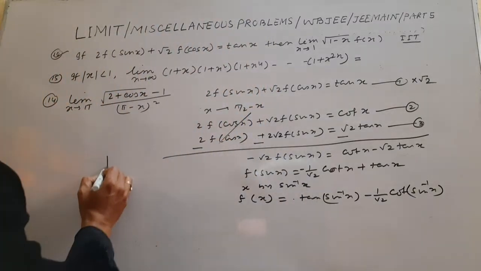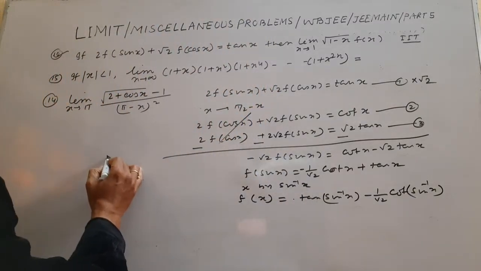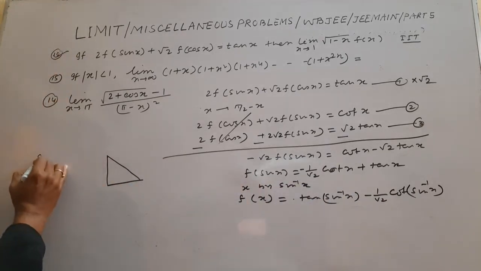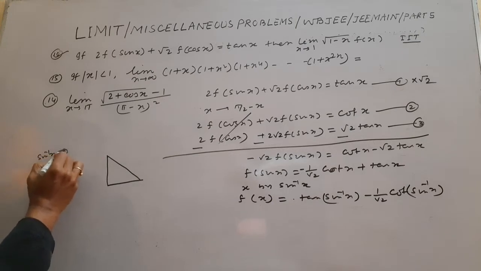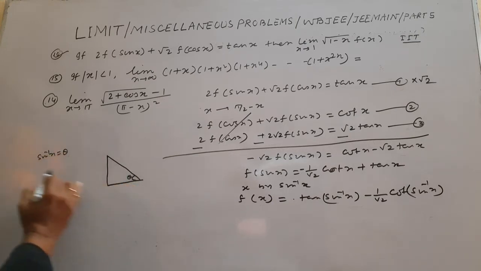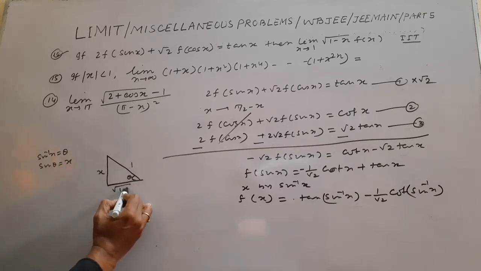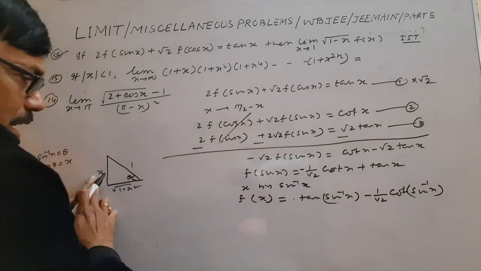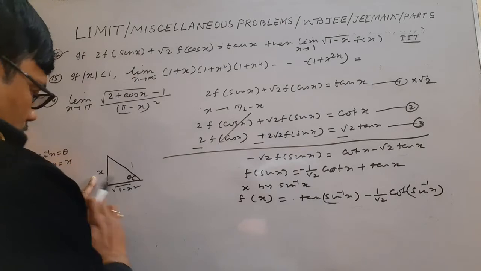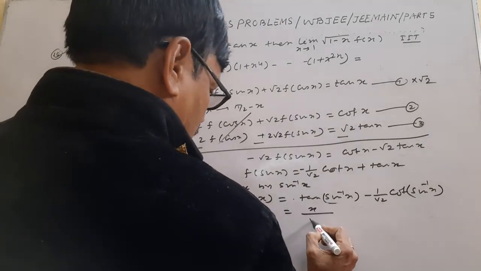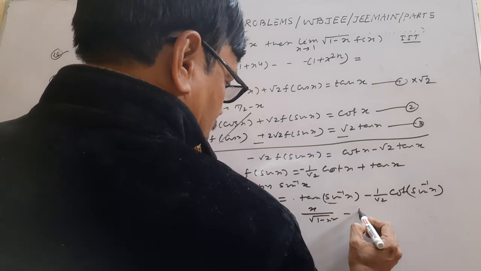Now look, from the inverse circular function, take sin⁻¹ x as θ. What is sin θ? Sin θ is x. So this is x, this is 1, and this is √(1 − x²). So what is tan θ? Tan θ is x/√(1 − x²).